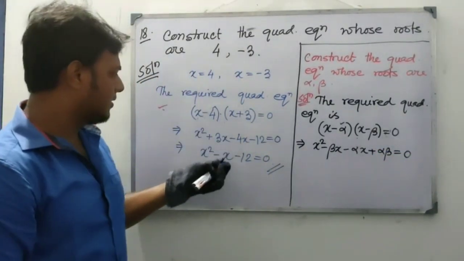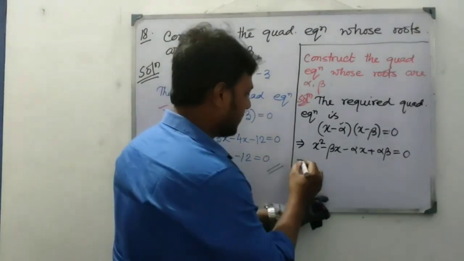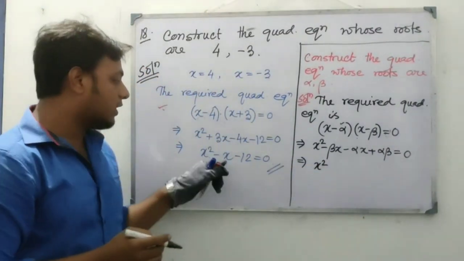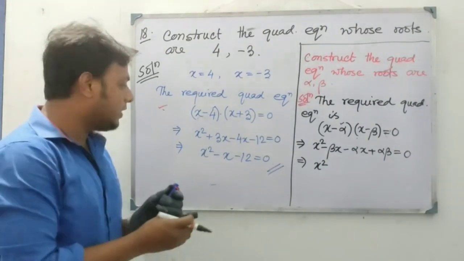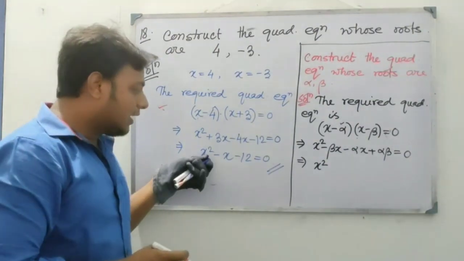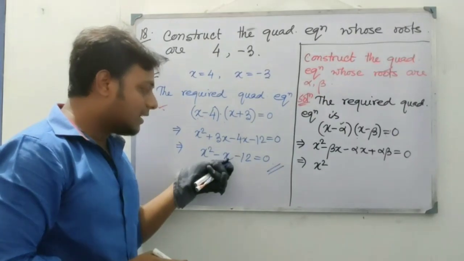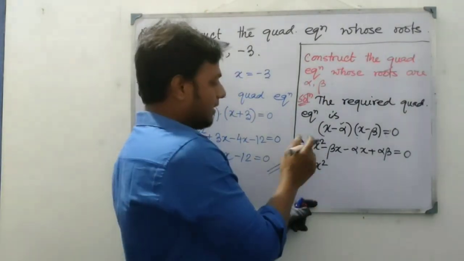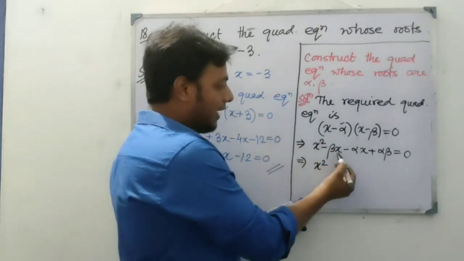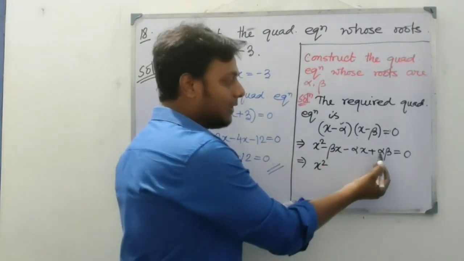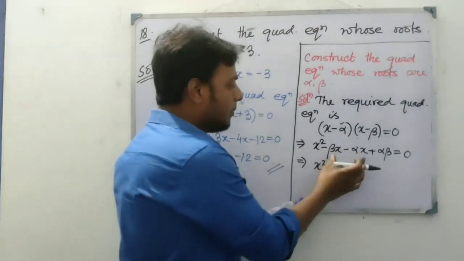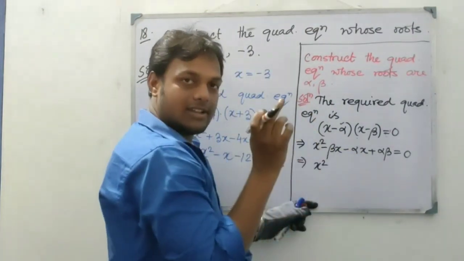Same process, see? Okay, next, x square. What was the standard form of quadratic equation? Terms should be first the square term, next the x term, next the constant. Here alpha beta must be a constant number, so we have to make it a single term.